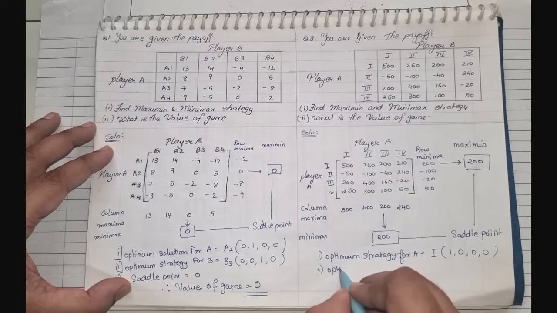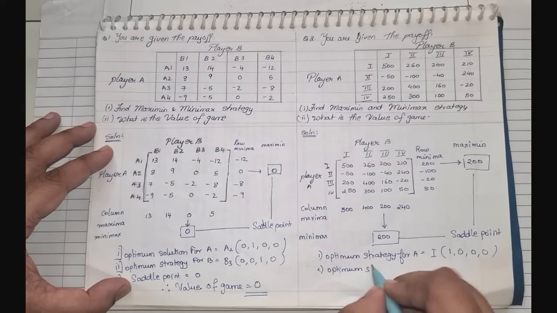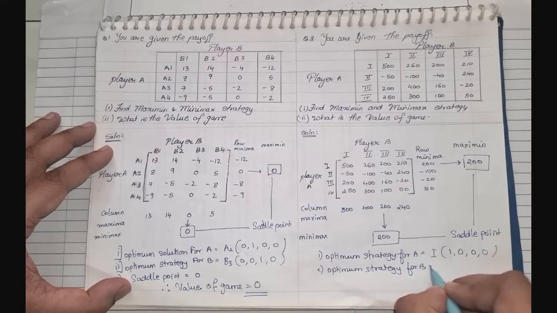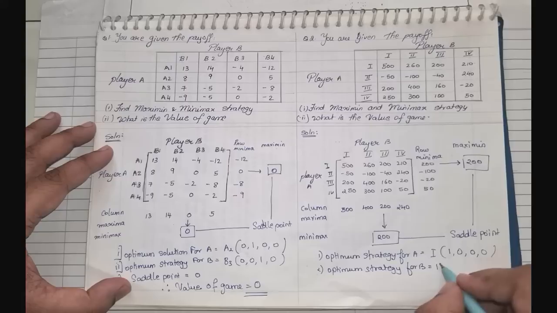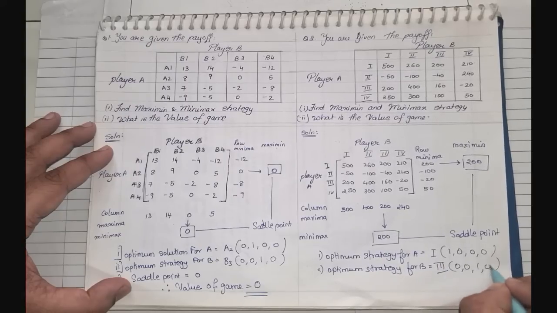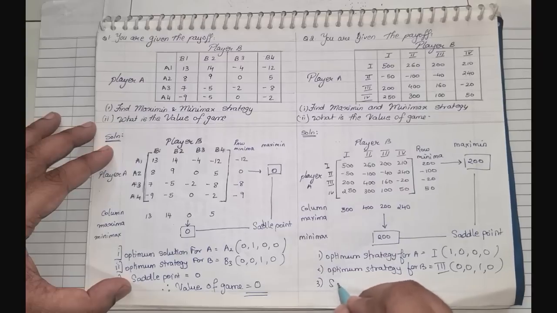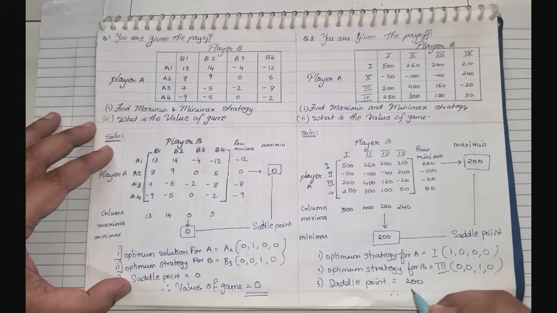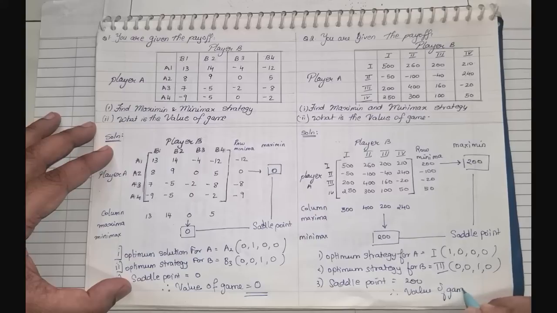Similarly, the optimum strategy for B was, the third one was selected, so it will be 0 0 1 0. Third, the saddle point was 200, therefore the value of the game equals 200.